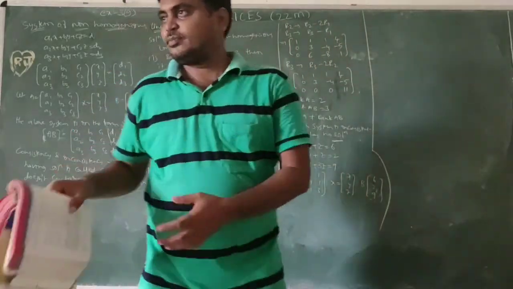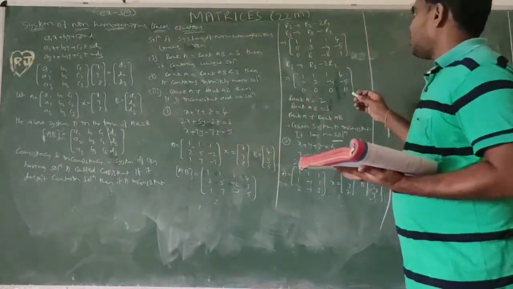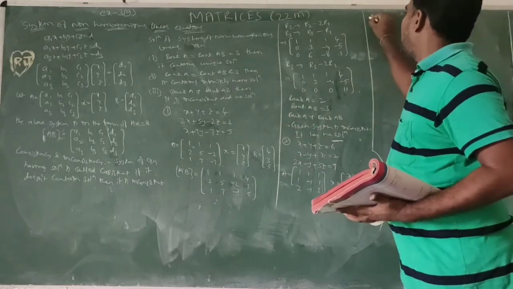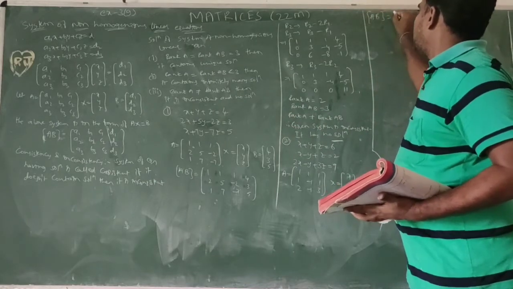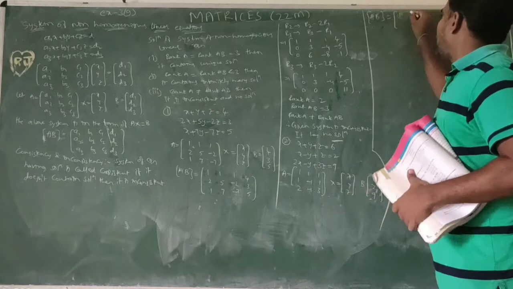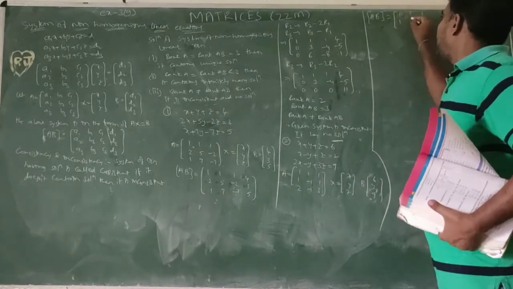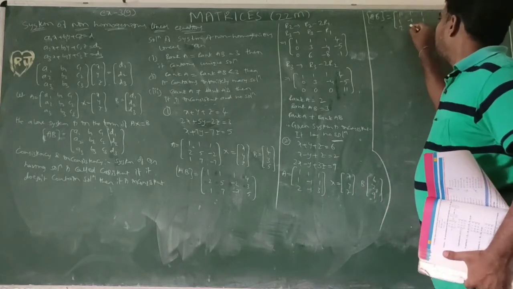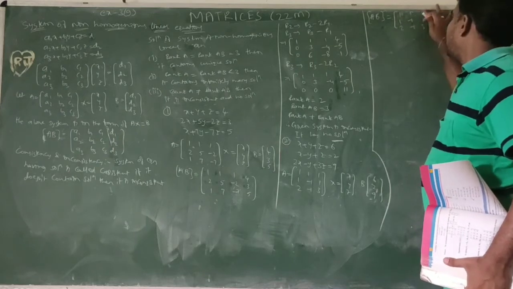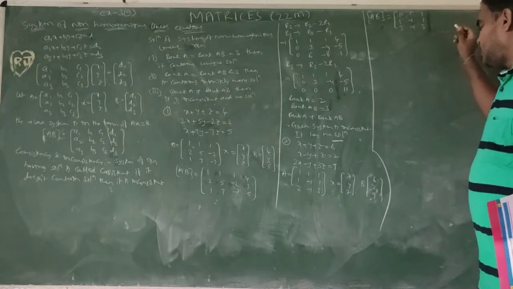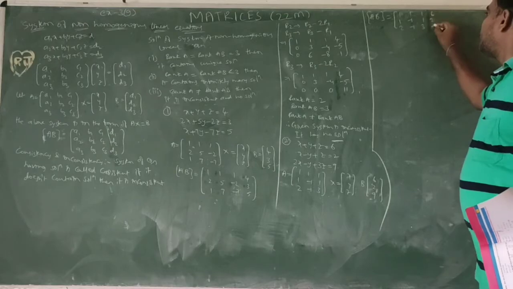So now, first the augmented matrix A B: [1 1 1; 1 -1 1; 2 -1 3]. So this is A, and B is 6, 2, 9.